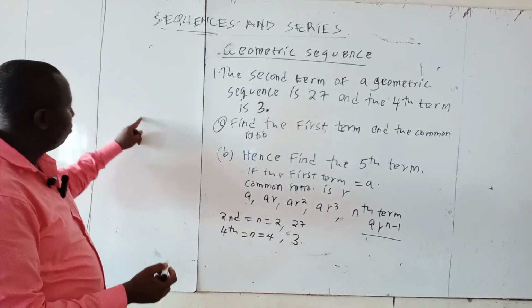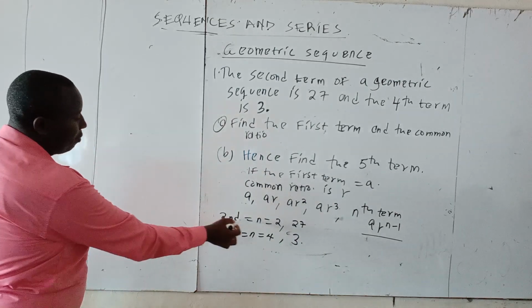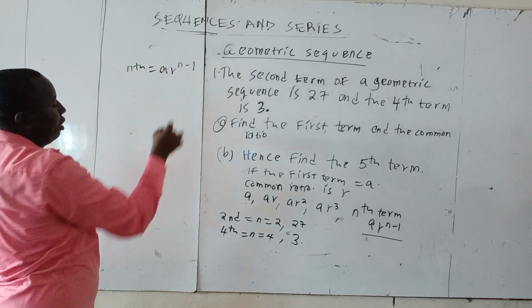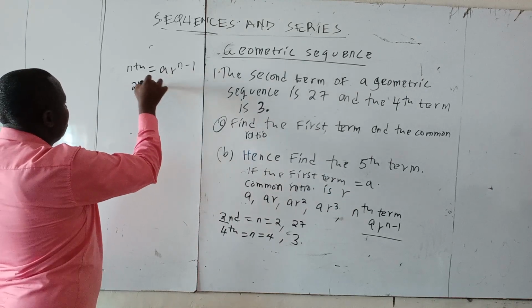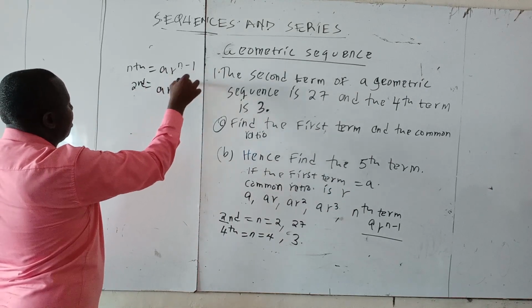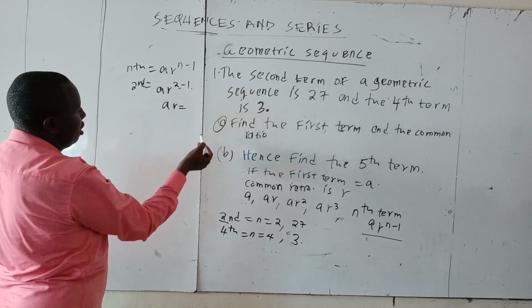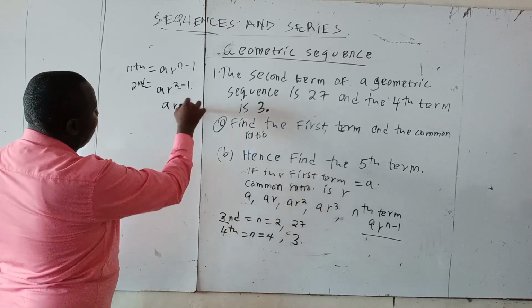So let's see. We can do the working here on this side. When we talk of the nth term, it is AR to power n minus 1. For the second term, n is 2, so AR to power 2 minus 1. You get AR, because 2 minus 1 is 1, is equal to 27.